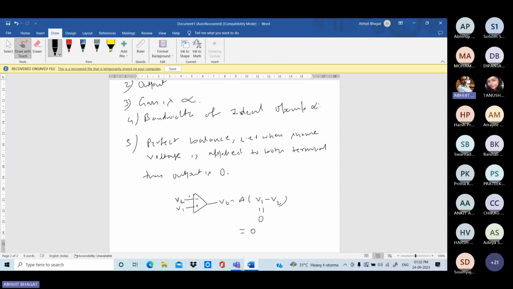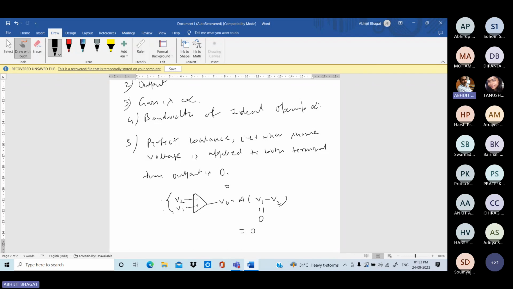So when you apply the same voltage across the input side, your output will be 0. If you are applying the same voltage across the input side and the output is 0, that means your op-amp is perfectly balanced. It is the ideal.